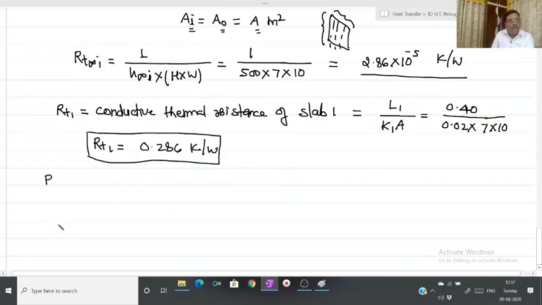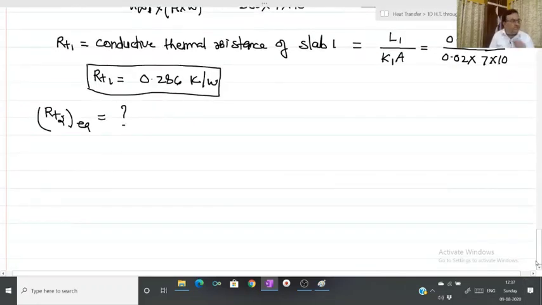Then RT2 equivalent. Now how to find out this RT2 equivalent? In the second slab, all the three materials and their individual thermal resistances are supposed to be connected in parallel.